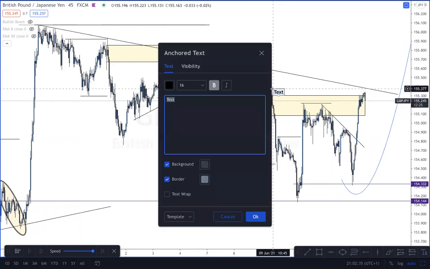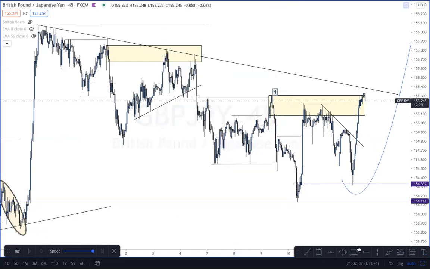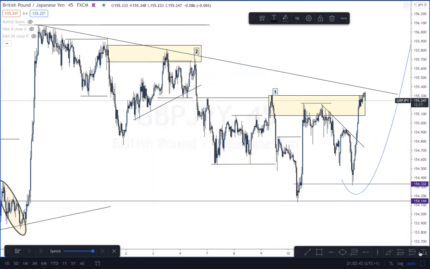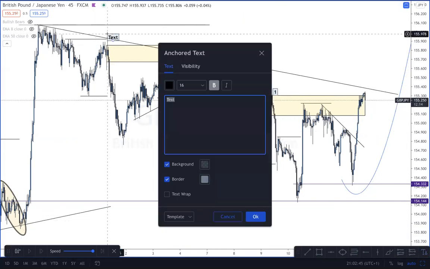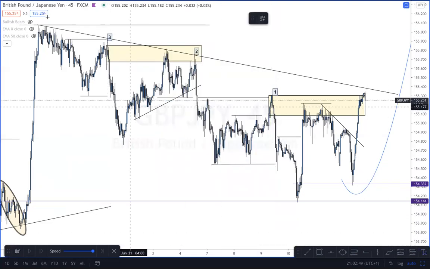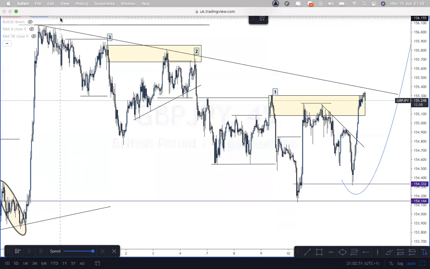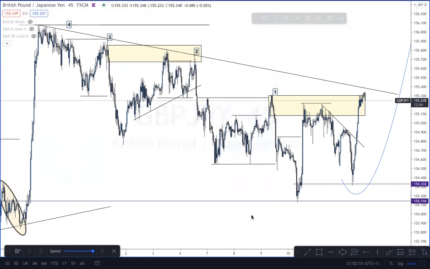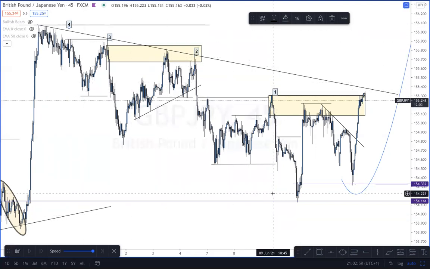Area 1, area 2, area 3, finally area 4. Above this region, clearly four liquidity pools sitting right there.